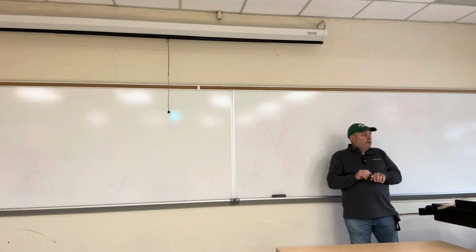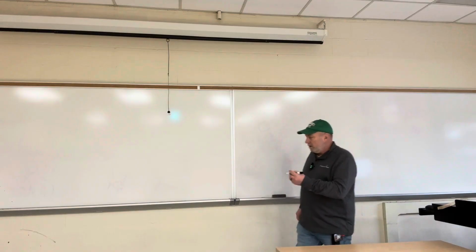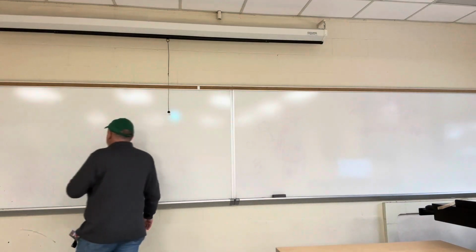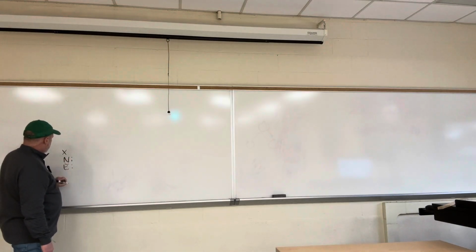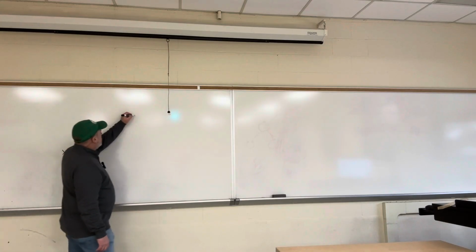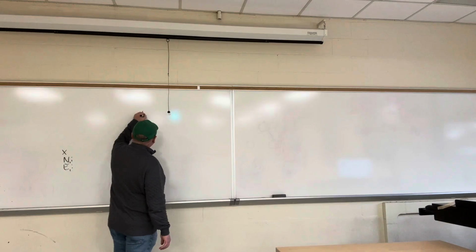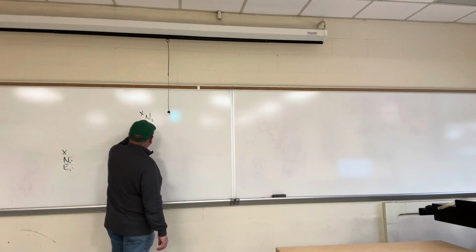So when we have a coordinate, we have a northing, we have an easting. I'm just going to call this northing 1, easting 1. We have a coordinate over here. Call that northing 2, easting 2 for point 2.